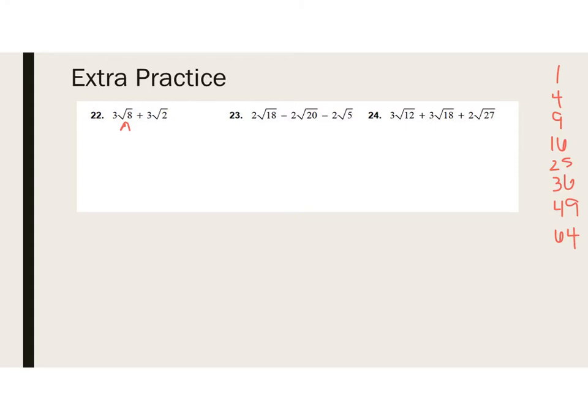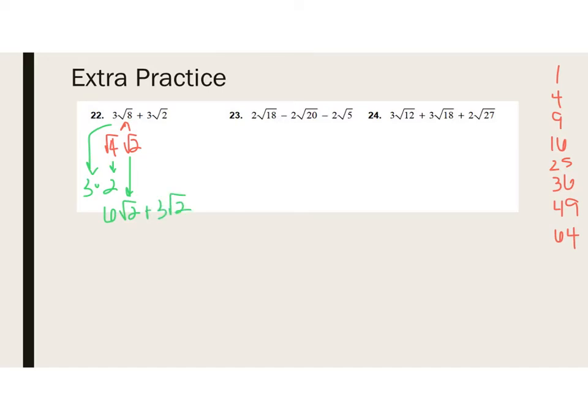Well, it is 4. So the square root of 8 splits apart into the square root of 4 and the square root of 2. The square root of 4 becomes a 2, but you still had that 3 out front, and you're multiplying. So this actually becomes 6 square root of 2, plus 3 square root of 2.